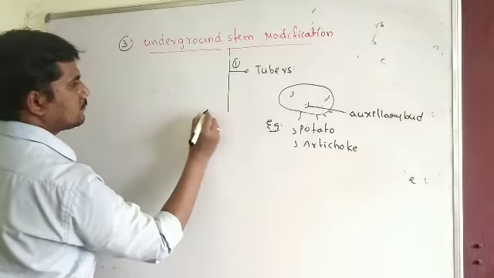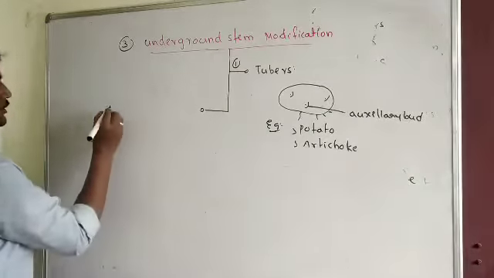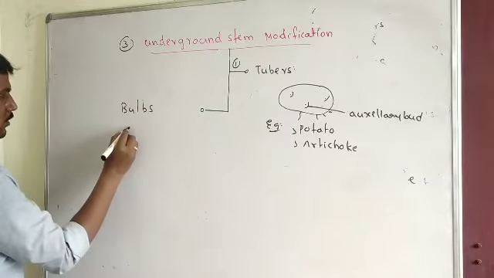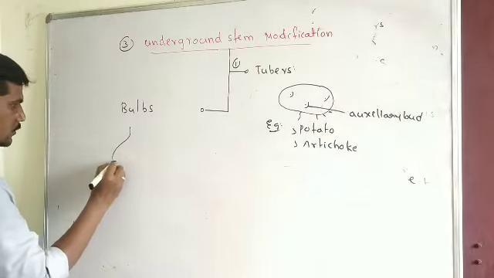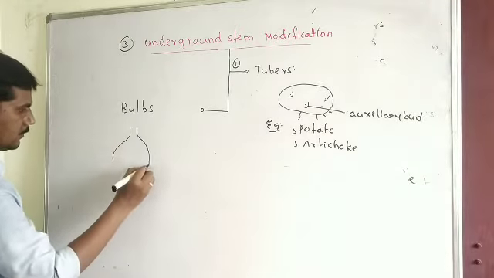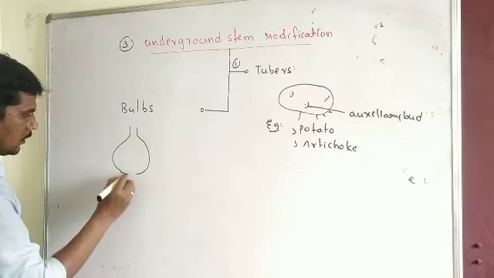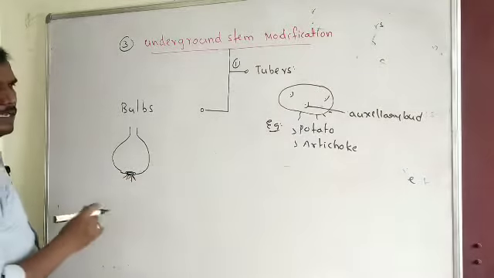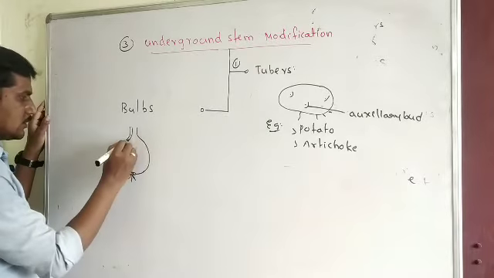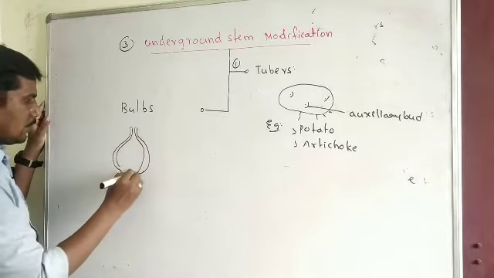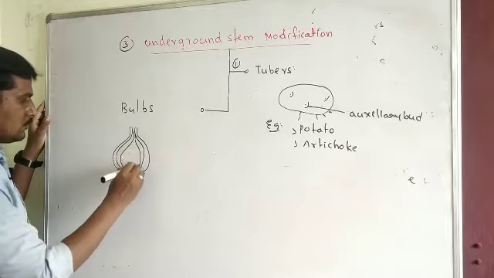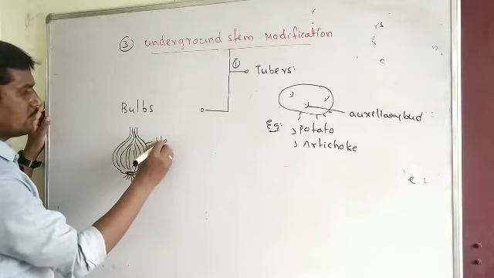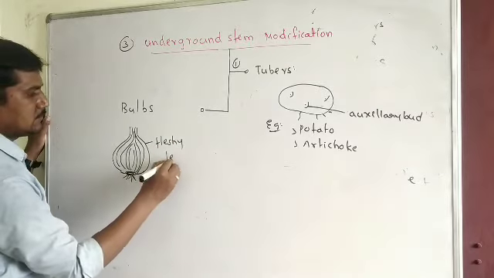The next one we are going to discuss is bulbs. Very important. A bulb is a modified underground stem. In bulbs, the stem is highly reduced into a disc-shaped structure. In a bulb, the bud is covered by fleshy leaves.